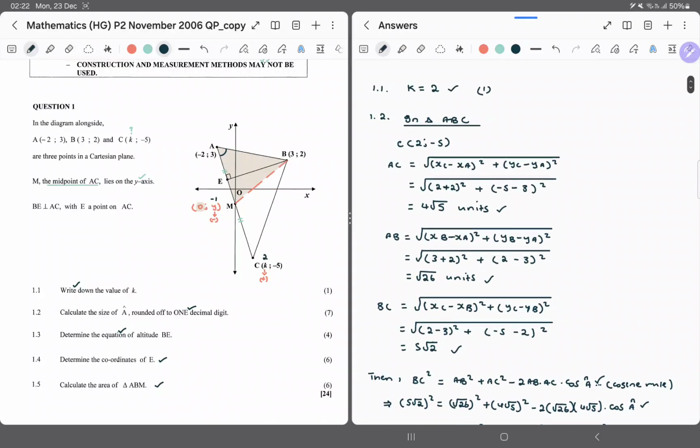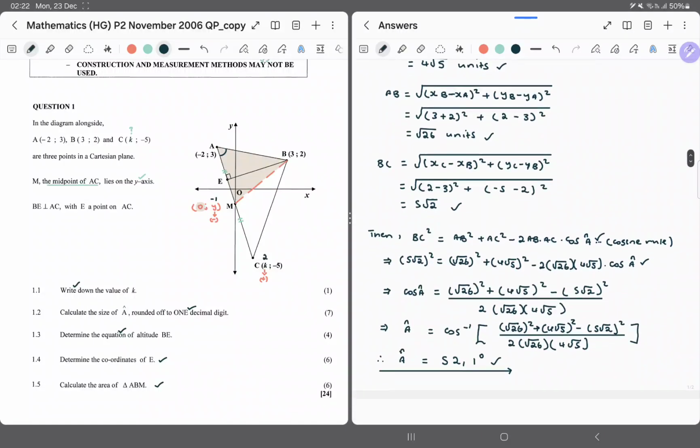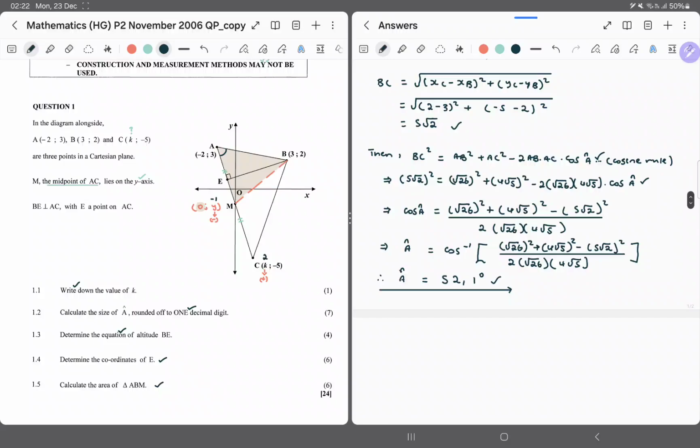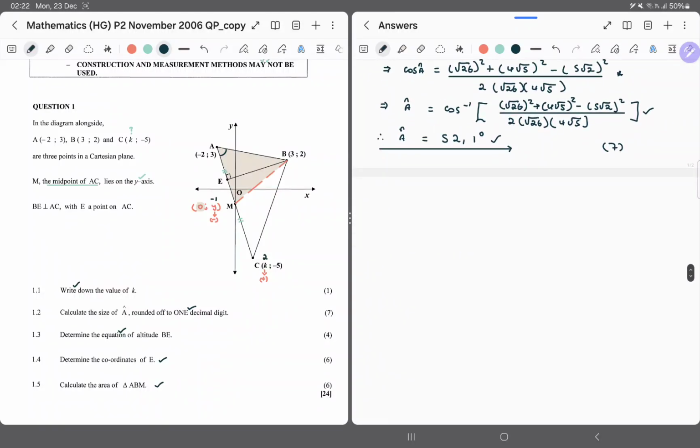I don't really see where the other mark comes from. Maybe it's a bonus for your pains. But I guess the algebra is important. If everything is on point, we have the marks in full. 1.3.